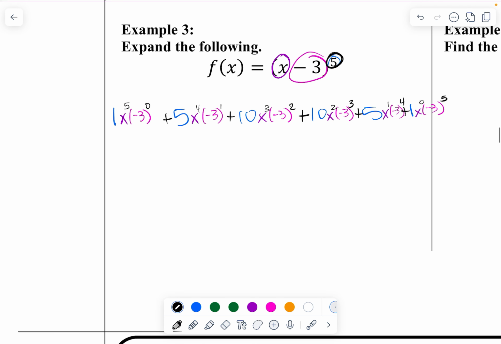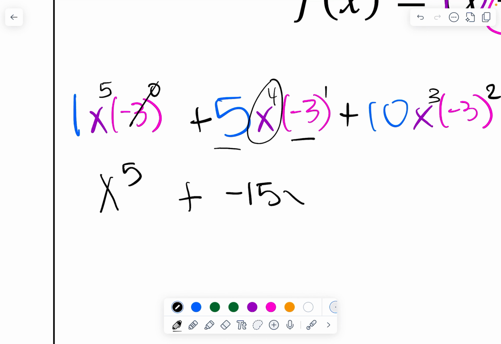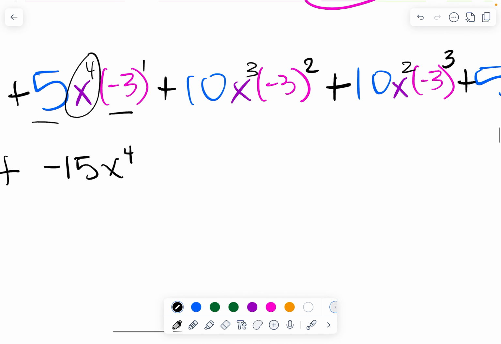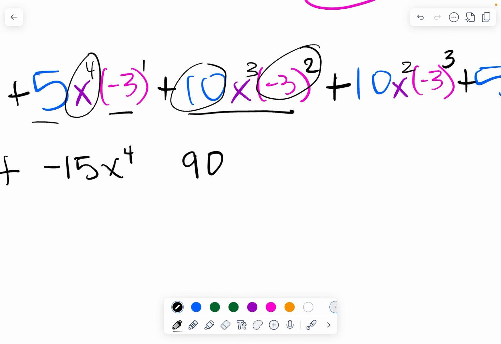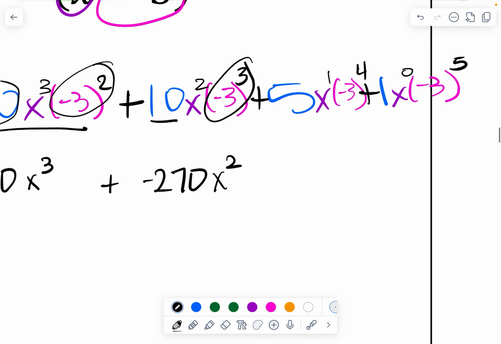And now let's evaluate. Ready? So x to the 5th times negative 3 to the 0. This is just a 1, so this is x to the 5th. Plus 5 times x to the 4th times negative 3 is negative 15x to the 4th. And then 10 times negative 3 squared is 90, x to the 3rd. And then here we've got negative 3 to the 3rd is negative 27 times 10 is negative 270 times x squared.